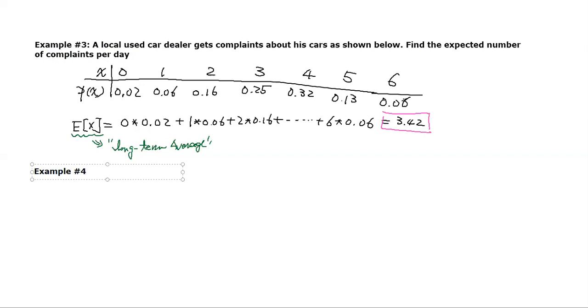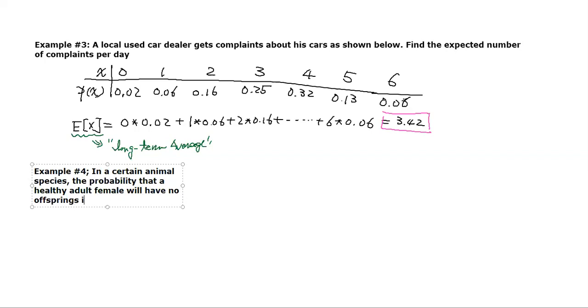In a certain animal species, the probability that a healthy adult female will have no offspring in a given year is 0.29.